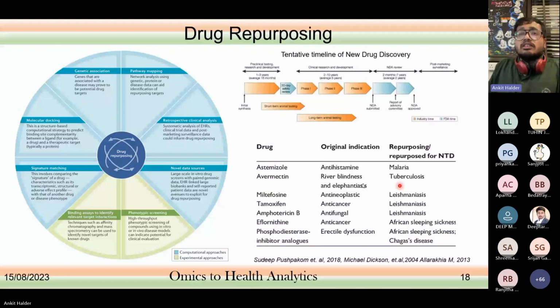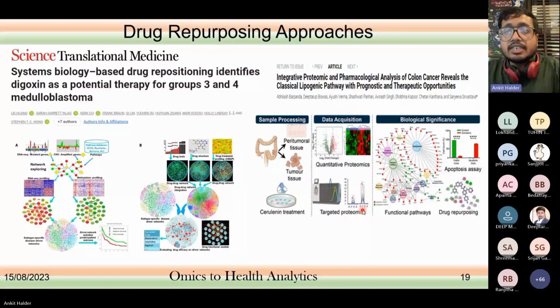So these are some examples of how systems biology or omics-based studies are helping to identify drugs and take them forward before going for clinical trials.